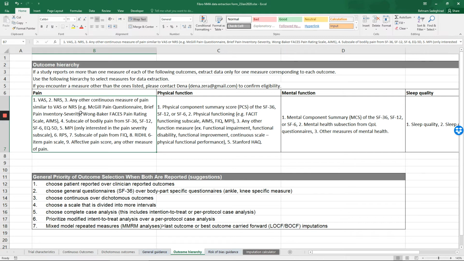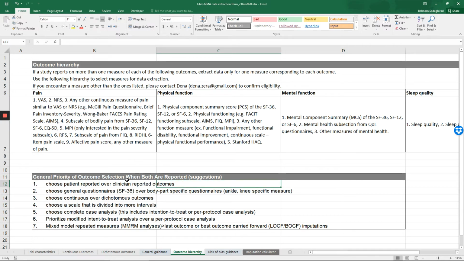Also, in addition to the outcome hierarchy, you need to pay attention to the information provided here, the rules for choosing one outcome over another. We want patient-reported outcomes over clinician-reported outcomes. We want tools or instruments that look at the body overall rather than body part-specific questionnaires, like those that assess pain for the ankle or function for the ankle or knee-specific measures.